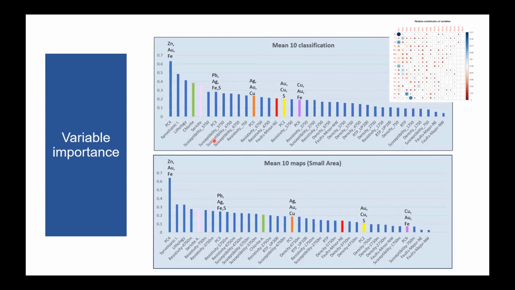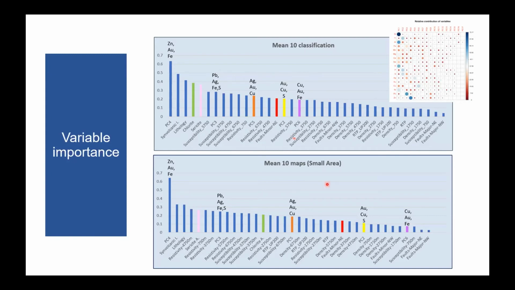As a whole, the susceptibility maps have better predictive power in the large area, but in the smaller area, the resistivity maps show higher importances. This is the first experiment we had, and it shows that variable importance is sensitive to the region of interest.